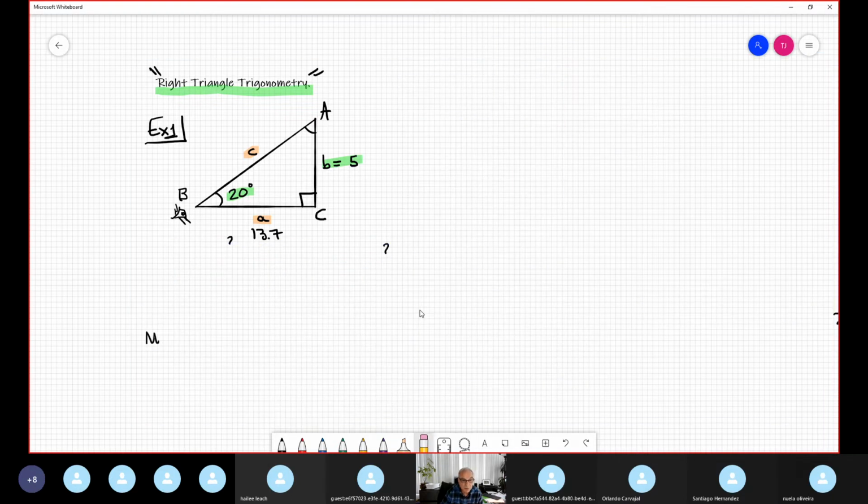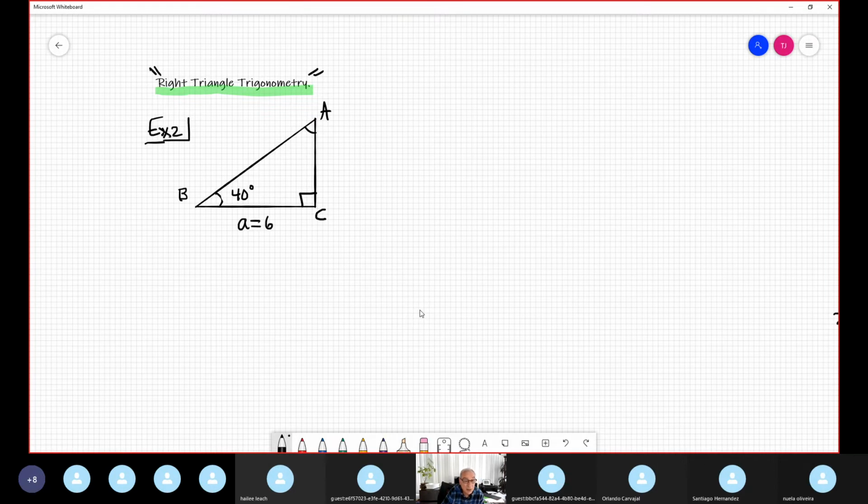In this case, you have A given. This is C. So A is given, example number 2. The angle B is 40 degrees, and A is given, which is 6.